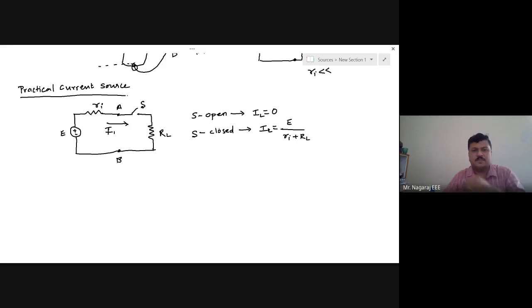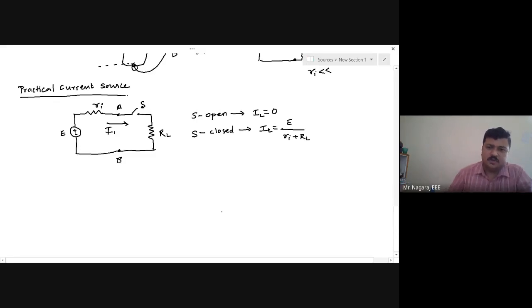Now, if I want to represent a voltage source as a current source, there should be some valid transformation. I cannot arbitrarily represent a voltage source in the form of a current source. So whenever I transform a voltage source into a current source or a current source into a voltage source, the circuit output should not alter.